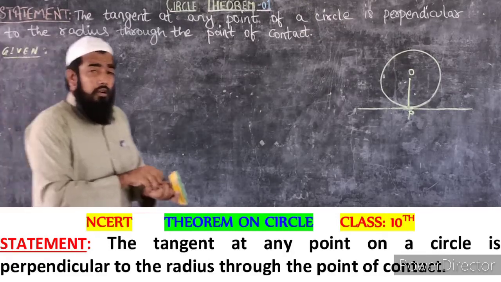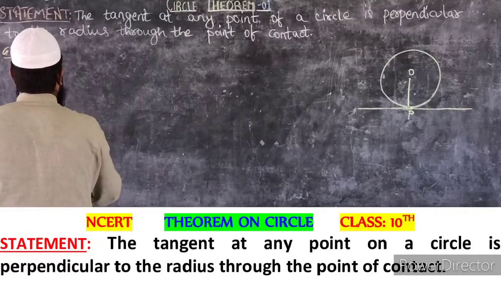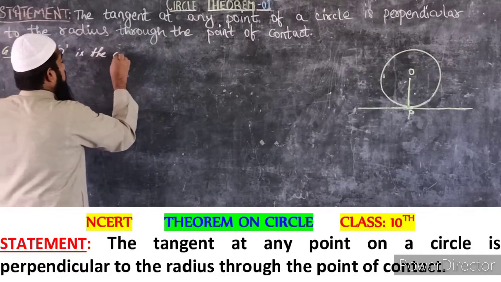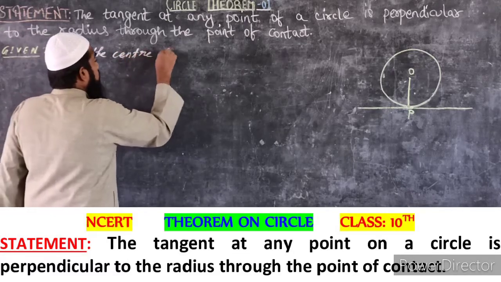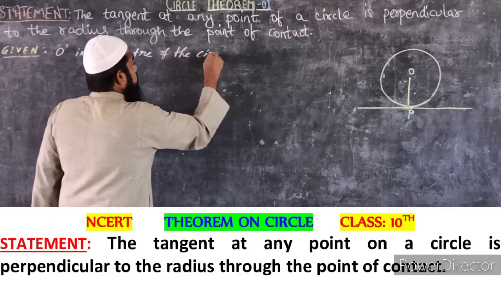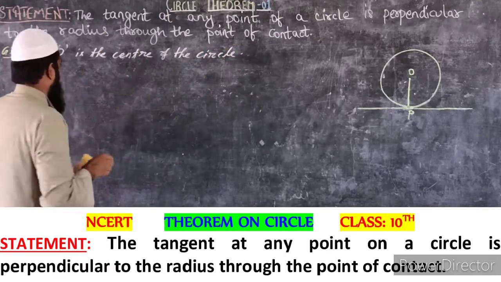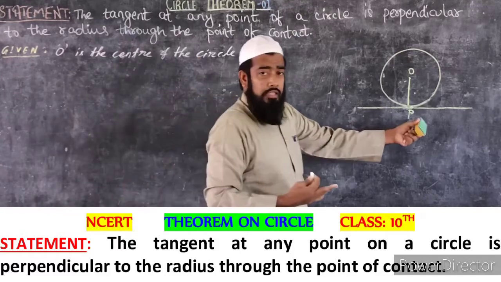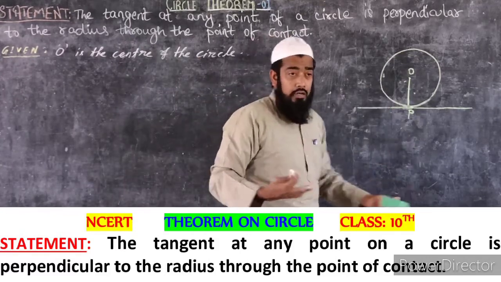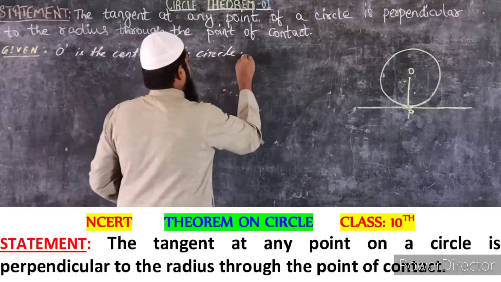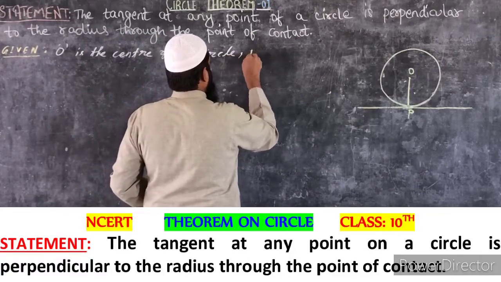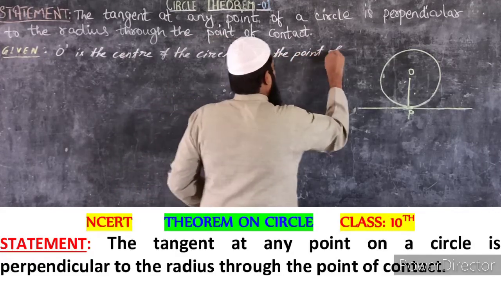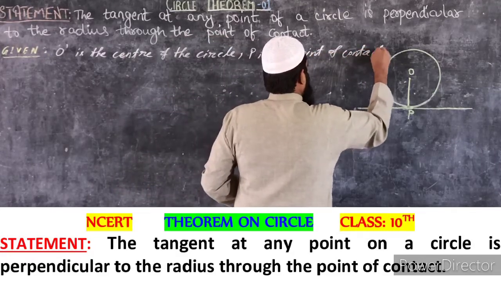What is given here? We have to mention that O is the center of the circle, and P is the point of contact, and we can say OP is the radius also. So we write here P is the point of contact.